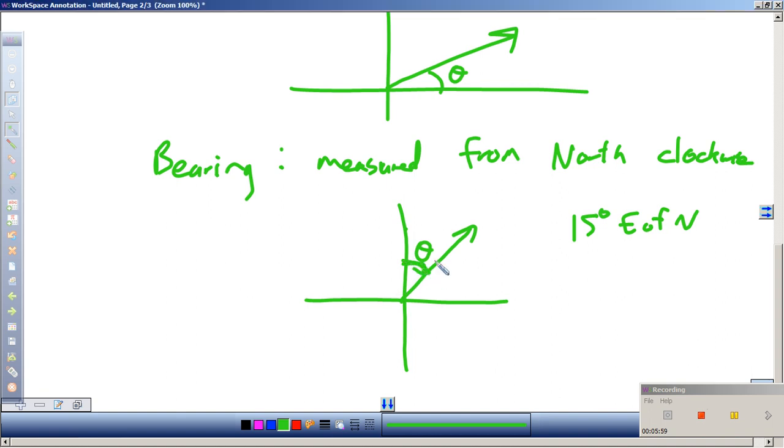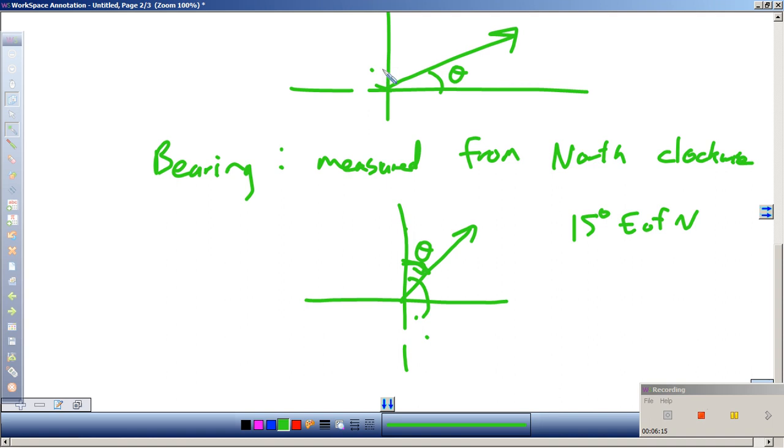So if I said a bearing of 170 degrees, we would be going this direction, whereas if I just said 170 degrees, we'd be talking up here. So it depends on whether we talk about bearing or direction. If I say bearing, we're talking about from true north.